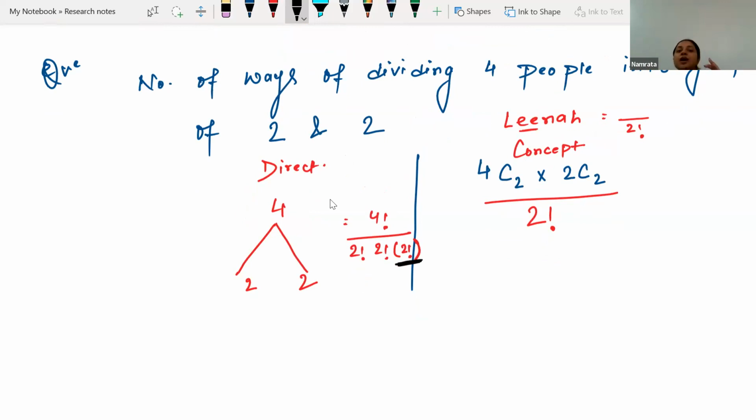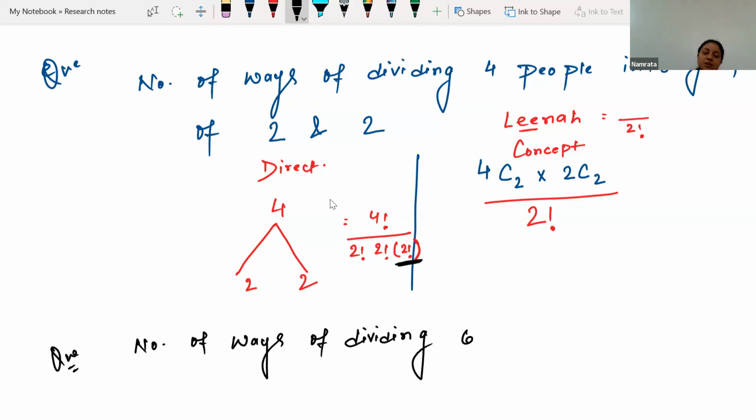Here you have to be careful since the size of the group is the same. You have to check how many groups are there which are of the same size. To make it clear, let me give one example. The next question says: number of ways of dividing 6 people into groups of 2, 2 and 2.